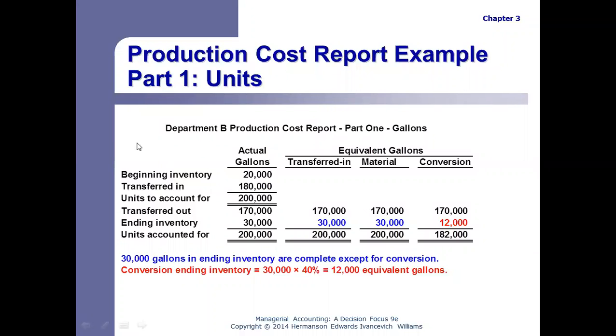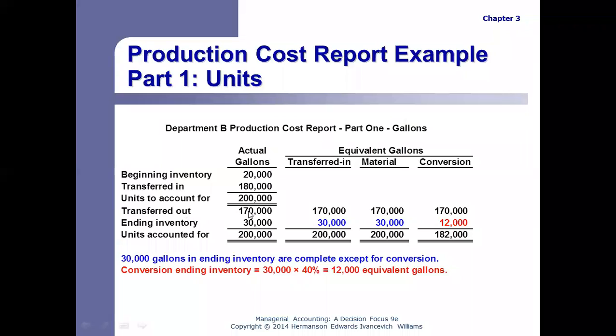180,000 were transferred from A to B, so that's 180,000 gallons additional that was put into Department B during the month. So that's a total of 200,000 gallons that we have to take into consideration: what we already had there at the beginning of the period and how much more was added during the period and transferred in.